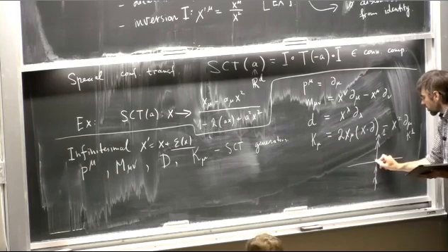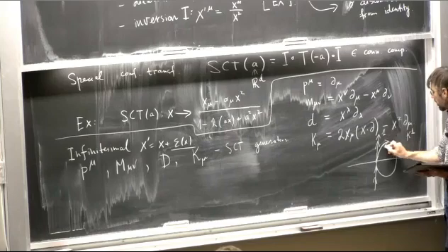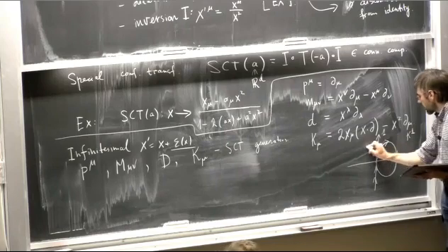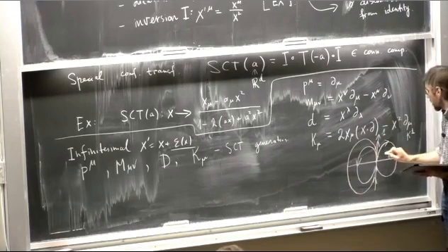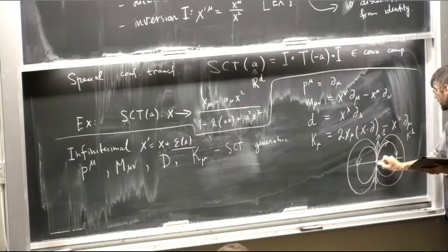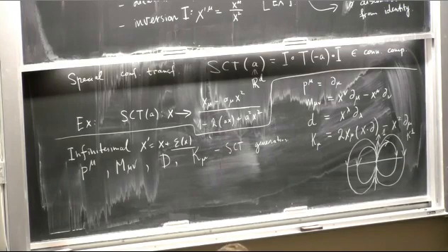The origin is kept fixed, and then there are these circles which come back to themselves, and the vertical axis is just pushed to infinity.